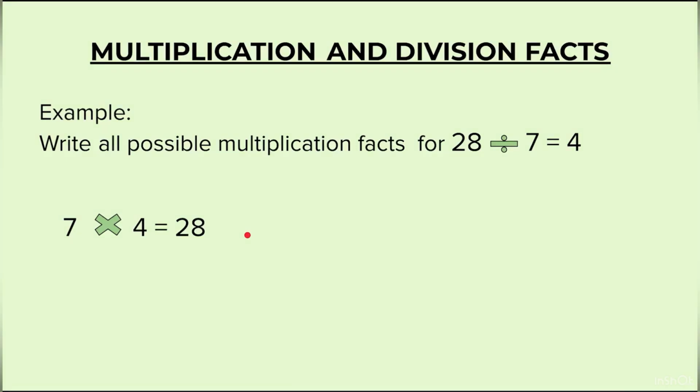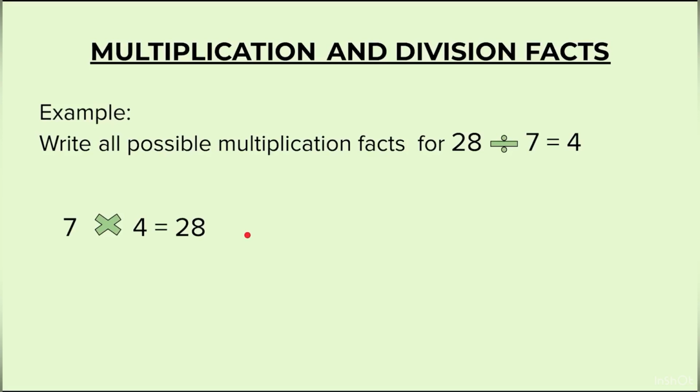Here again I will recap the procedure for you. If you are given the division fact, you will take the divisor and the quotient and multiply them to get the dividend. Or to put it in simpler terms, you will multiply the two smaller numbers to get the bigger number. Like in this particular case, you will multiply 7 by 4 and the answer would be 28.